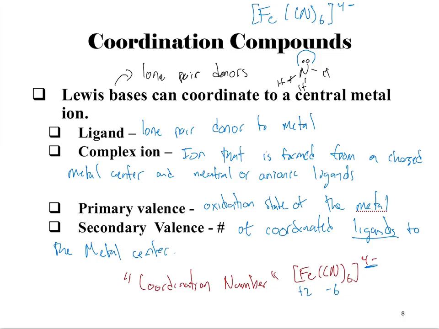So we can start developing a little bit of an intuition. If this is our metal center, this is one of the ways that the different cyano groups can bond or coordinate with the central atom, right?